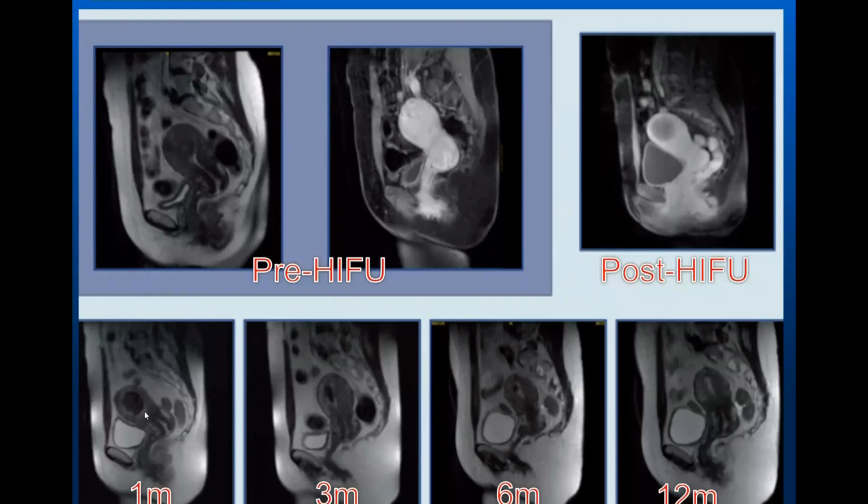And when you follow these fibroids over time, this is what we talked about. It turns into a scar tissue, so it starts to get smaller until it disappears. So this is again a very minimally invasive treatment modality, and the good thing again, it's very convenient. The patient can go home the same day, no incisions, no major stay at hospital.